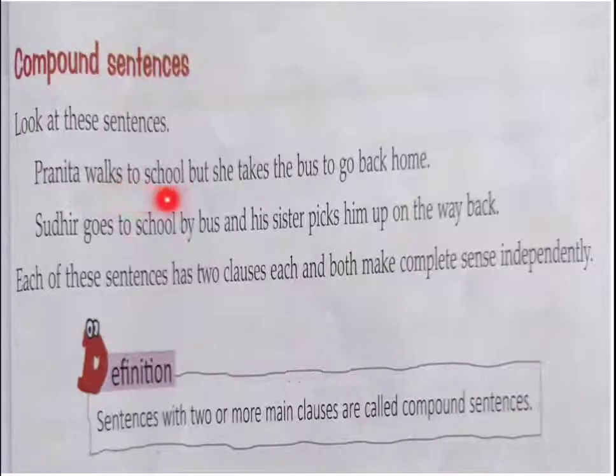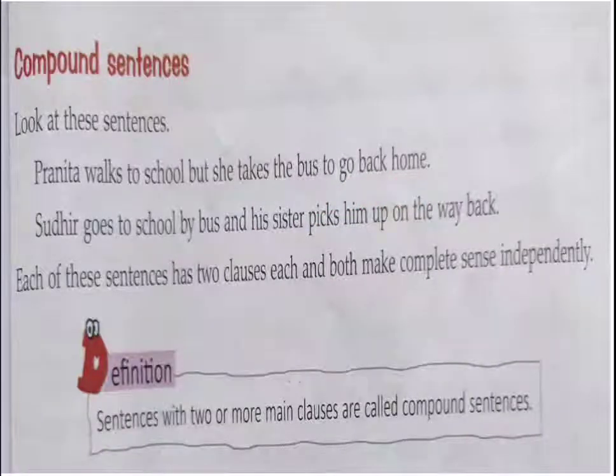Pranita walks to school, but she takes the bus to go back home. Sudhir goes to school by bus and his sister picks him up on the way back. Now look at here. Pranita walks to school, but she takes the bus to go back home.